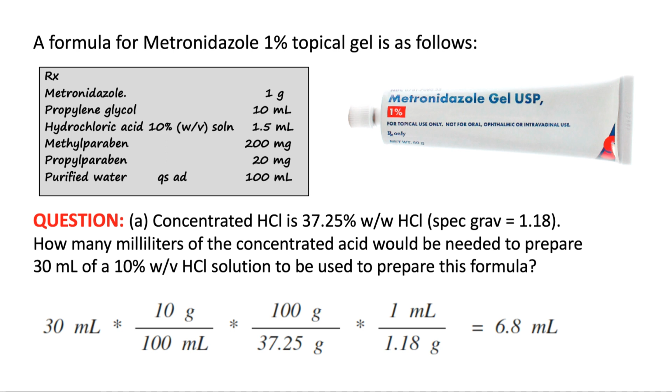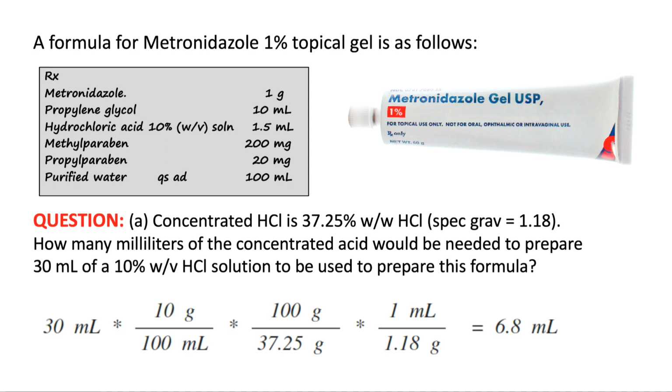So I'm going to multiply that by 100 grams of the concentrated mixture over the 37.25 grams of pure hydrochloric acid, because that's what's in 37.25% weight per weight: 37.25 grams of hydrochloric acid in 100 grams of mixture. Since what I first solved for was the amount of hydrochloric acid I needed, I then multiply it by the 100 grams of mixture over the 37.25 grams of hydrochloric acid. So now my units cancel, and I'm in grams of my concentrated mixture.